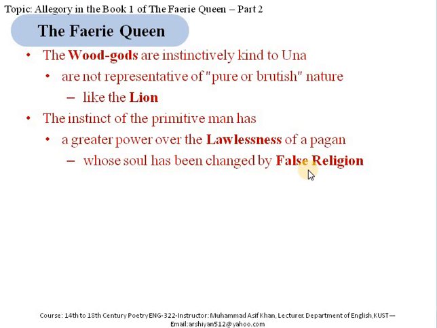So here Spenser wants to tell us that the untrained instinct of man is better able to recognize truth.